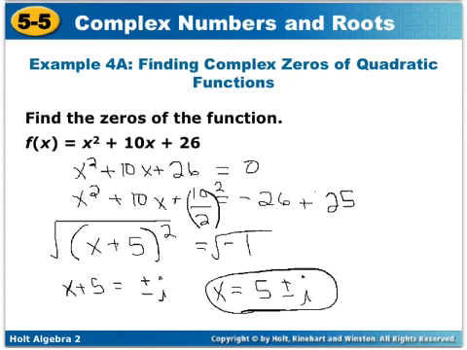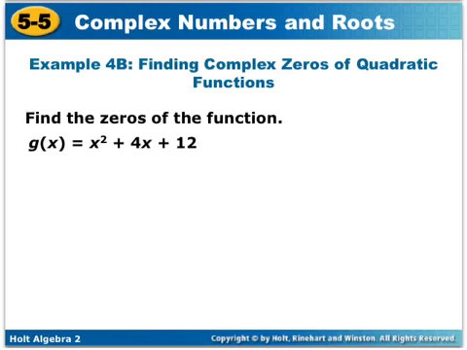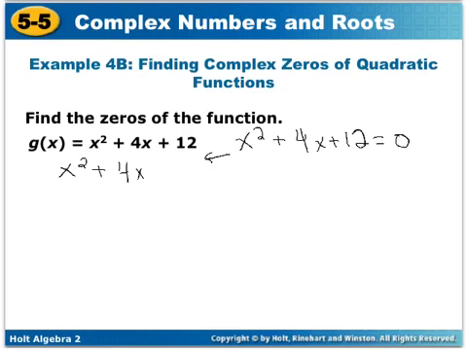Okay, look that over again. Make sure you understand. Let's try another one. Find the zeros of the function. I'm going to set it equal to 0. Okay, I'm going to move over here a little bit. Subtract 12 from both sides. Okay, complete the square.